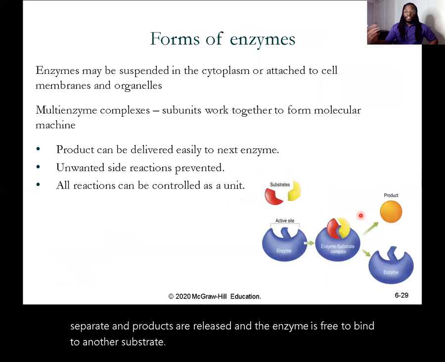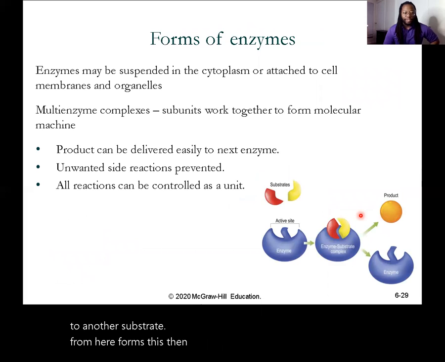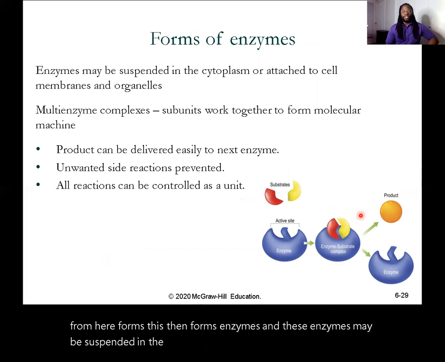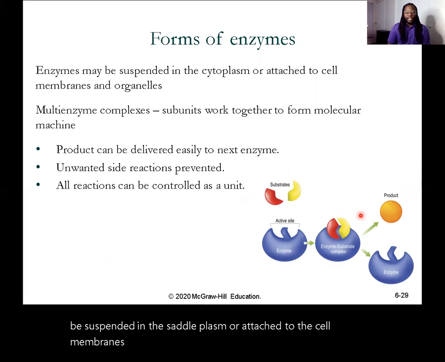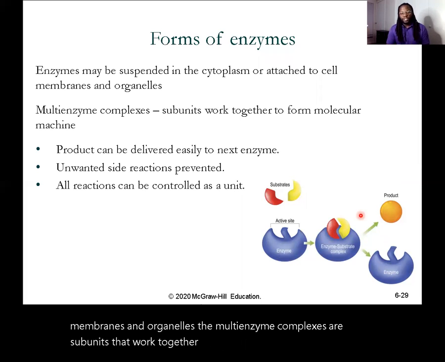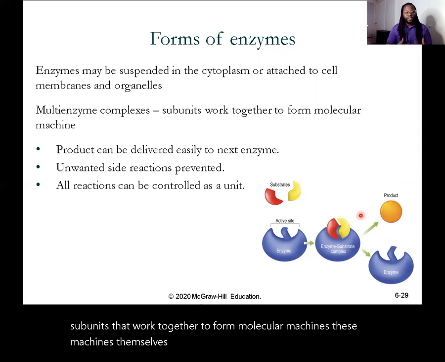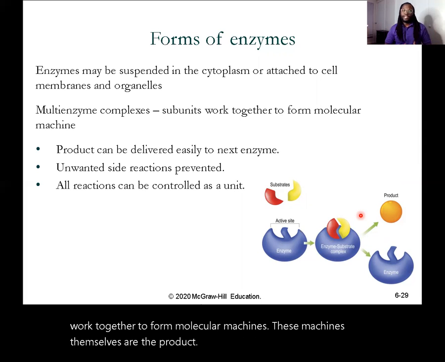From here this then forms enzymes, and these enzymes may be suspended in the cytoplasm or attached to the cell membranes and organelles. The multi-enzyme complexes are subunits that work together to form molecular machines. These machines themselves are the product that can be delivered easily to the next enzyme.